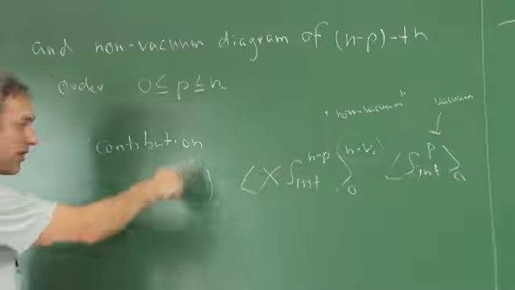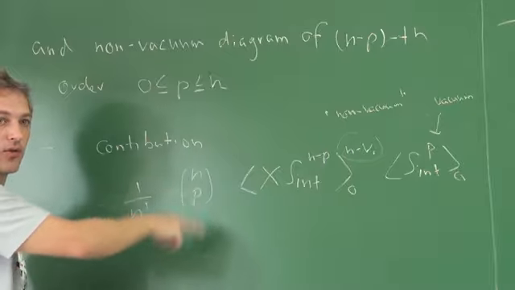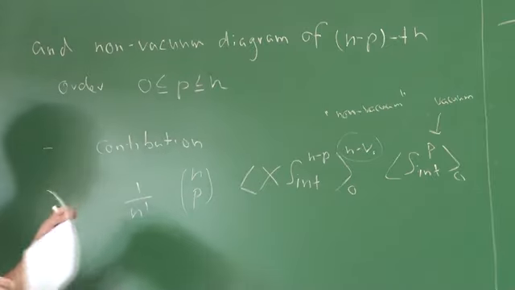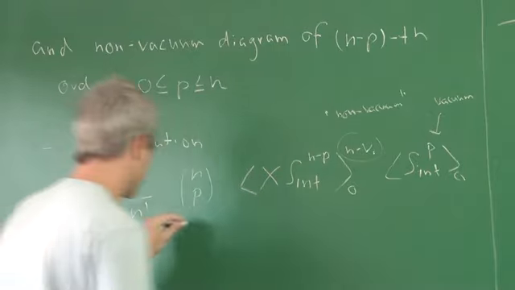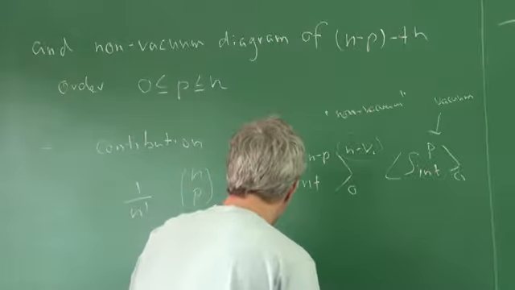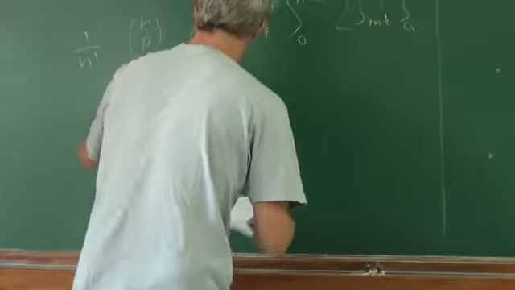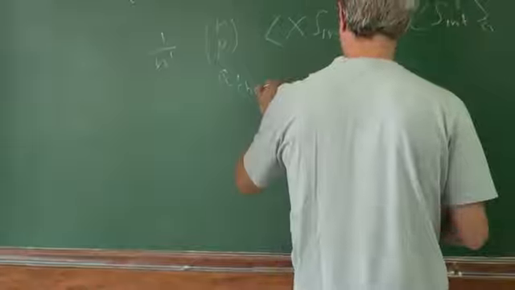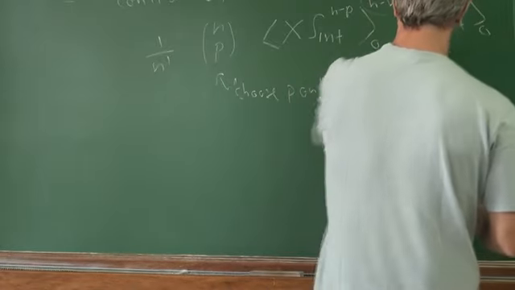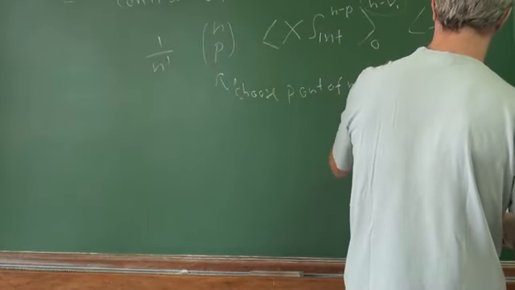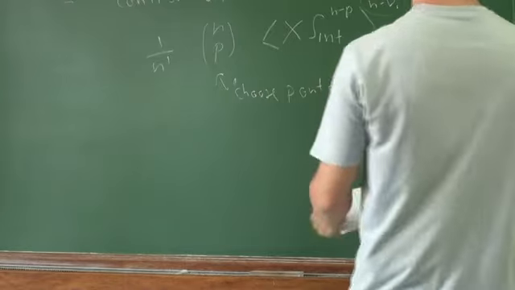This is just a combinatorial factor which accounts for the number of possibilities for doing this, okay? So this is the factor to choose p out of n vertices which we want to lump into the vacuum diagrams.